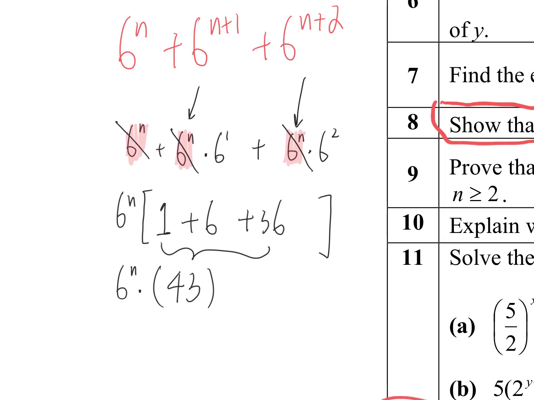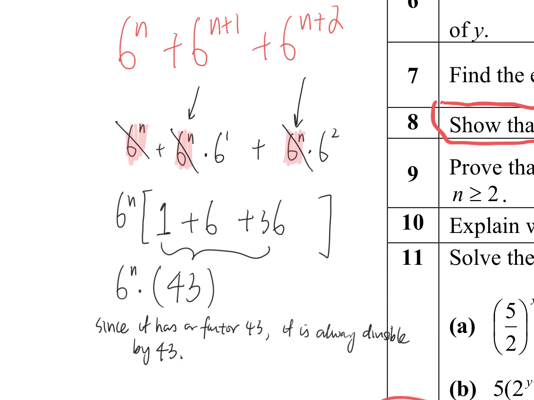You can tell me, since it has a factor 43, it is always divisible by 43. Or you can tell me, since it is a multiple of 43, it is always divisible by 43.